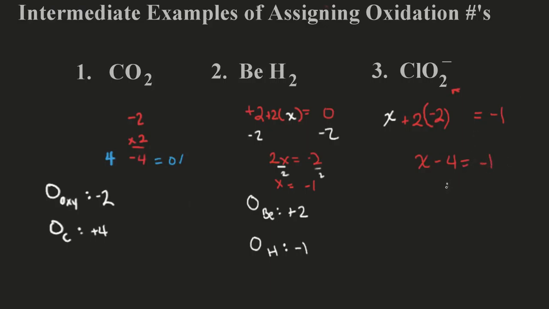Then if you add 4 to both sides, you're going to get x equals a positive 3. So the oxidation number for chlorine is going to be a +3, and for oxygen a -2.